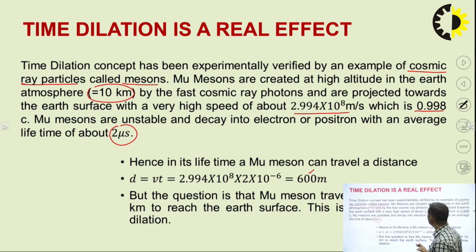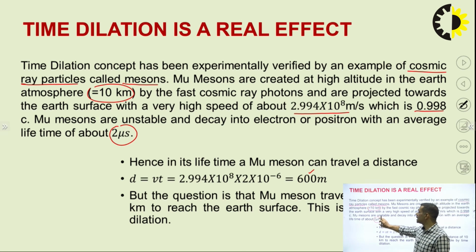Again I will repeat that there are some important things here: this 2 microsecond time is the actual time. Remember, this is the actual time, measured in the same frame of reference, that is, in the mu meson's frame of reference.